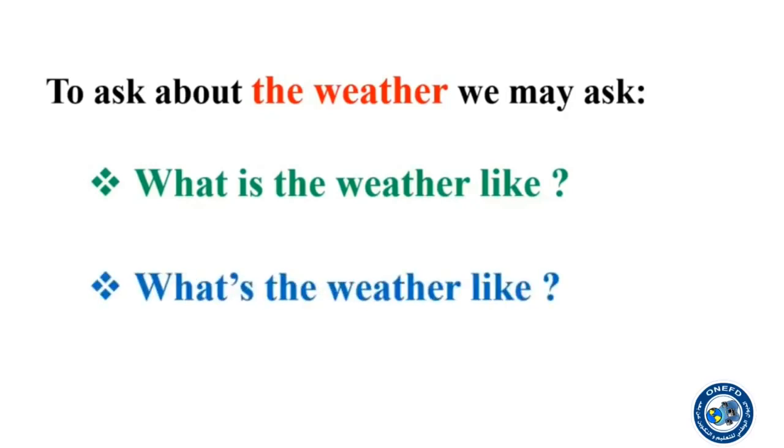The second question, we say, what's the weather like? As you can see, dear pupils, they seem similar. There is just a small difference. In number 1, we use the long form, what is. In the second one, we say what's.